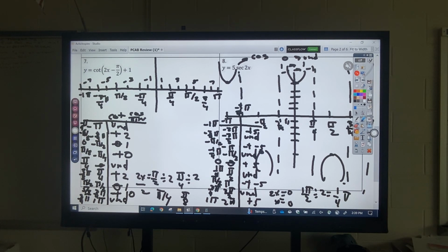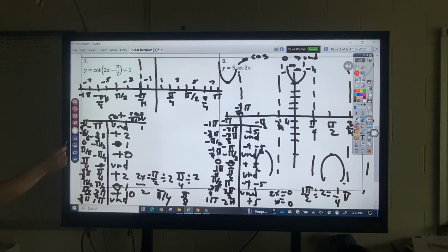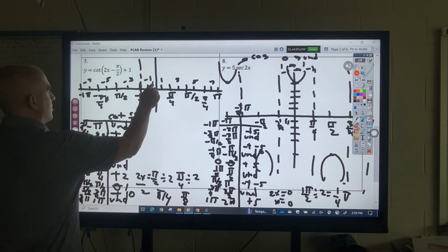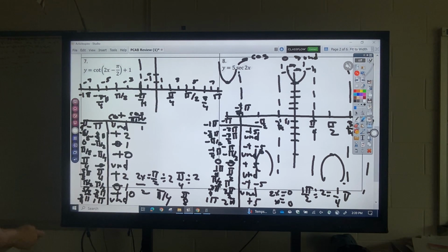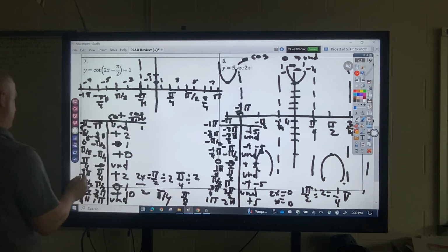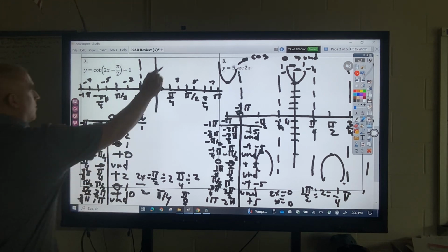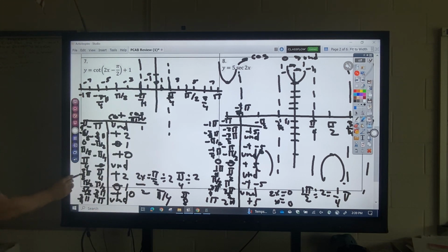At negative pi over 4, I'm undefined. At negative pi over 8, I'm at 2. At 0, I'm at 1. At pi over 8, I'm at 0. At pi over 4, I'm undefined. At 3/8, I'm at 2.